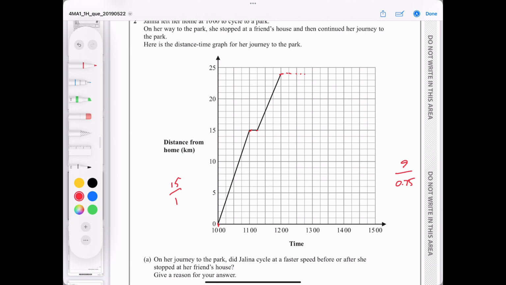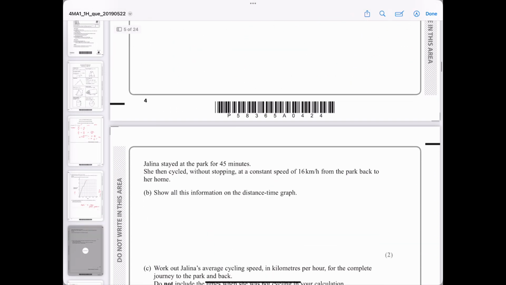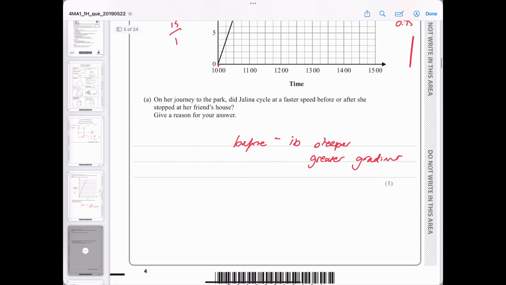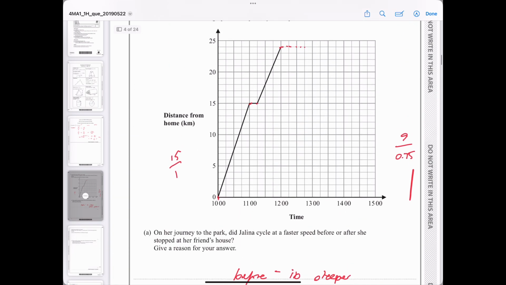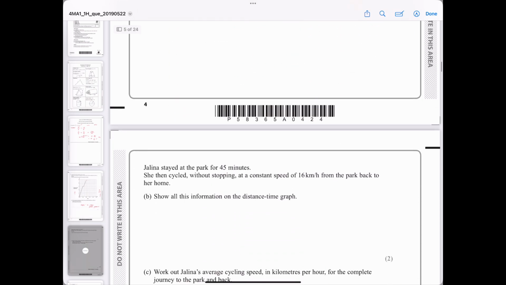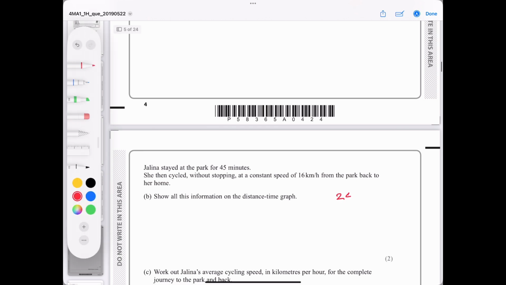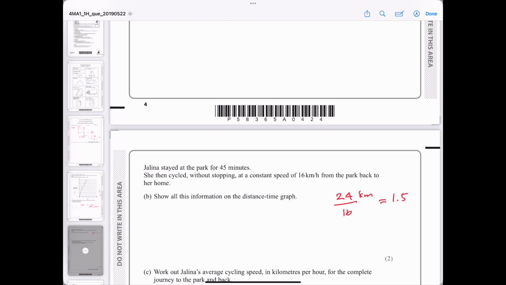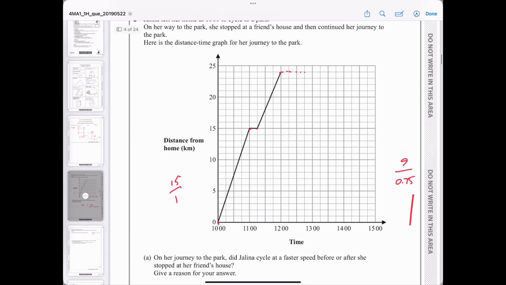And then she's going at 16 kilometres per hour home. So she's got to go 24 kilometres. If we divide that by 16, that gives us 1.5. So it's going to take her 1.5 hours to get home at a constant speed.